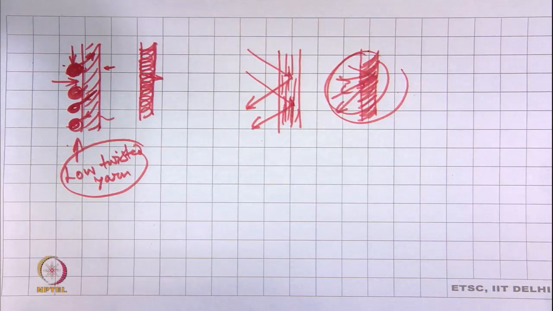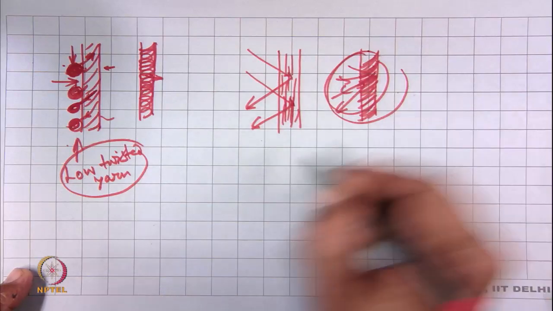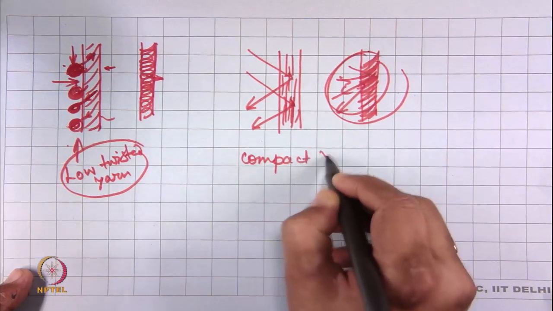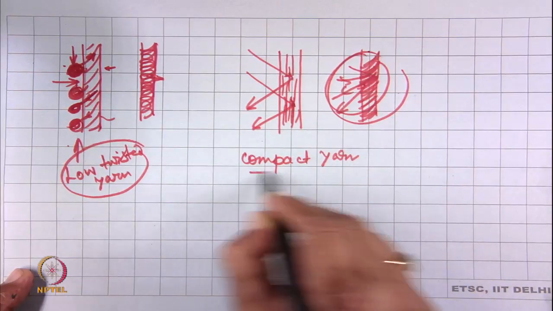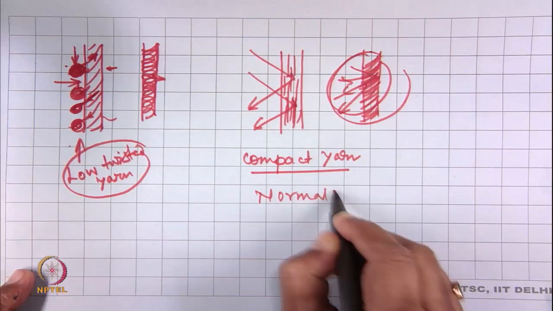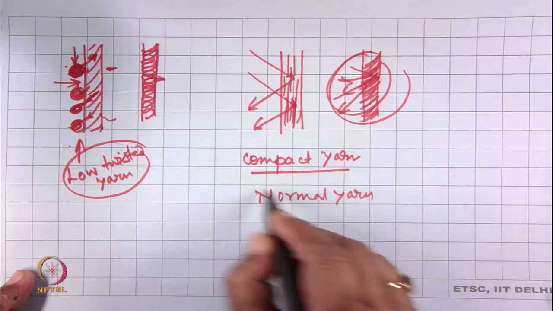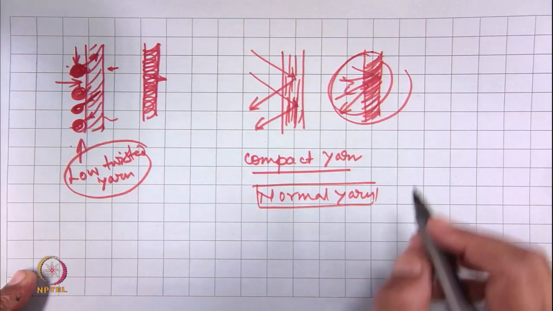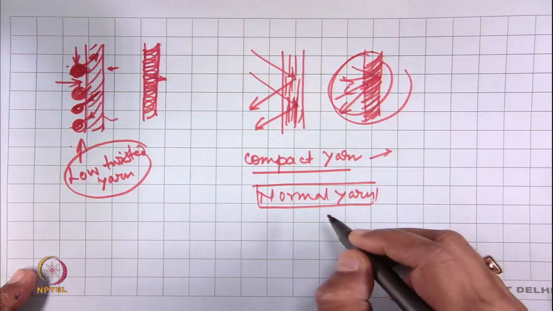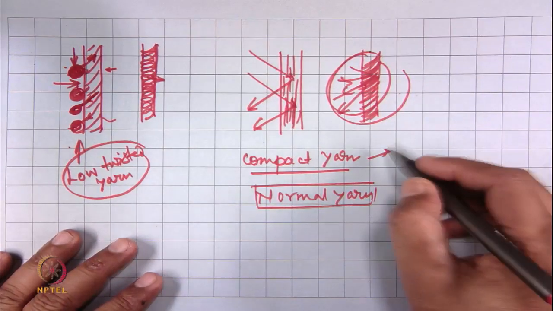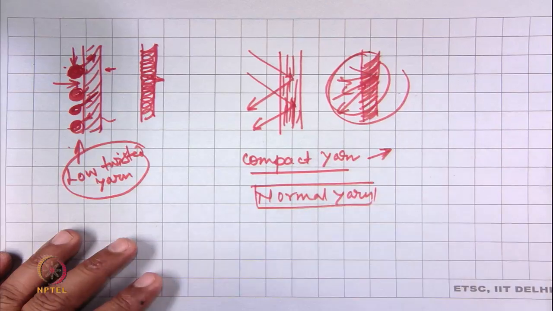This effect we can also observe in fabric made of compact yarn or normal yarn. The main advantage of compact yarn is that there is no hairiness and the fibers are parallel, almost aligned.